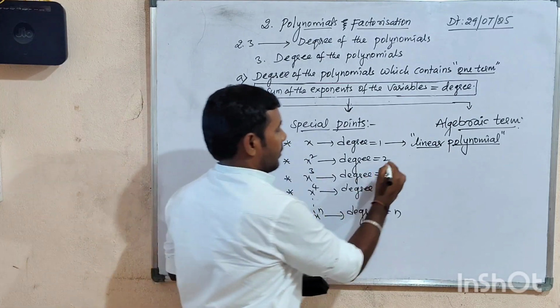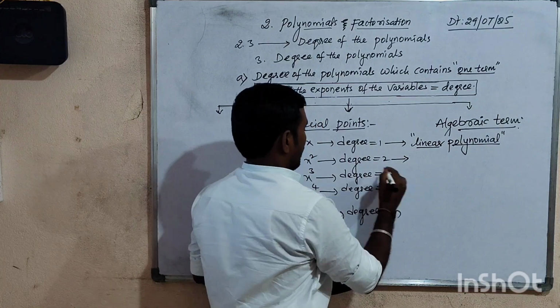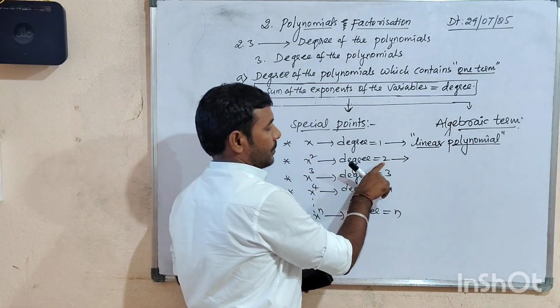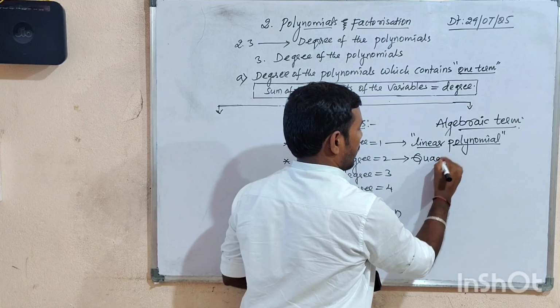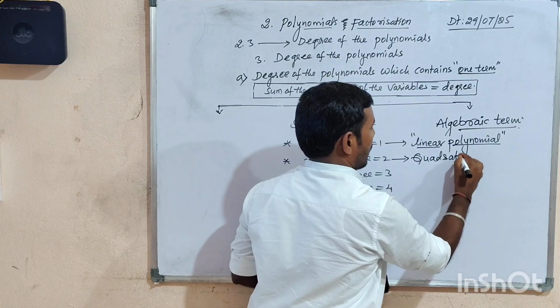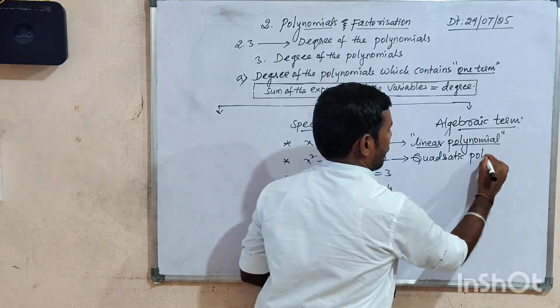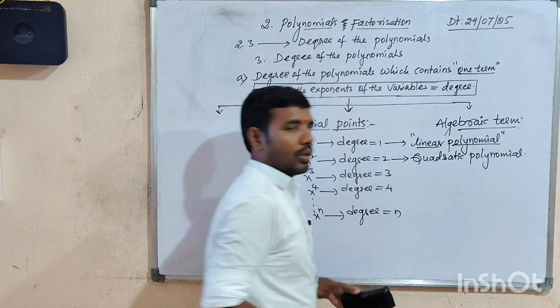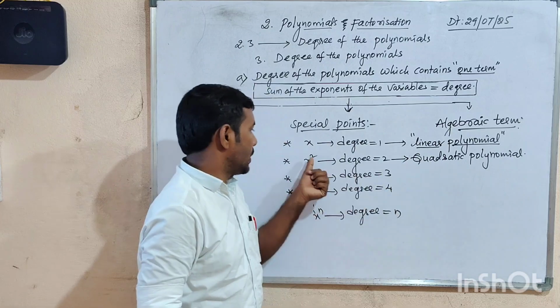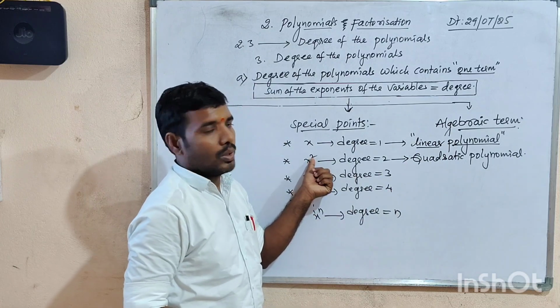Let us go with the second. Its degree, tell me, 2. So for that reason its name is quadratic polynomial. What is its name? Quadratic polynomial. Quadratic in the sense of degree 2.